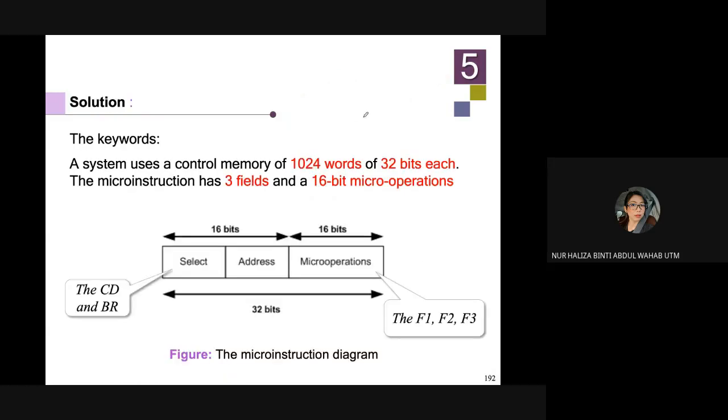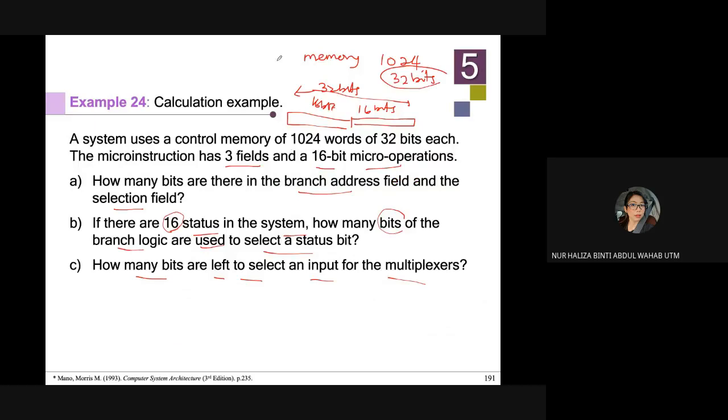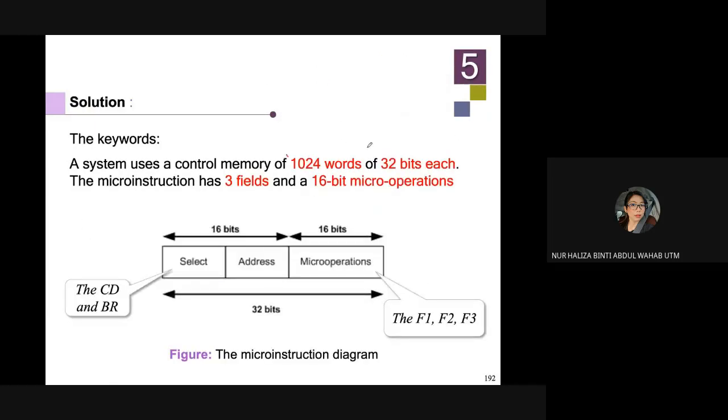So here is the solution. That's why you need to have the keywords. You need to find the keyword first, like 1024, 32 bits, 3 fields, and also 16-bit micro operation.